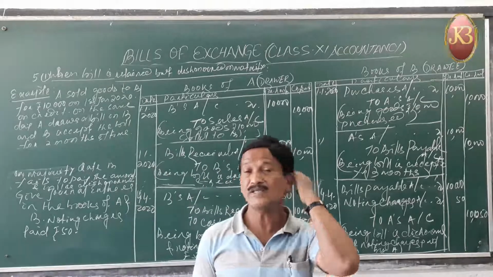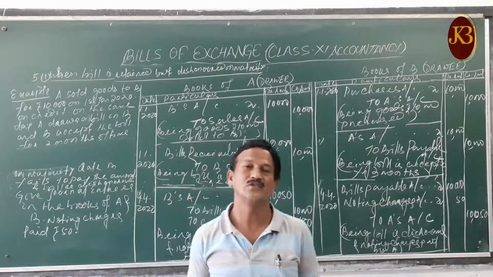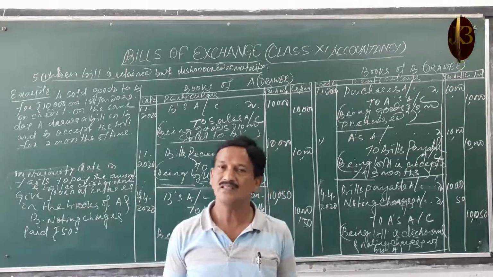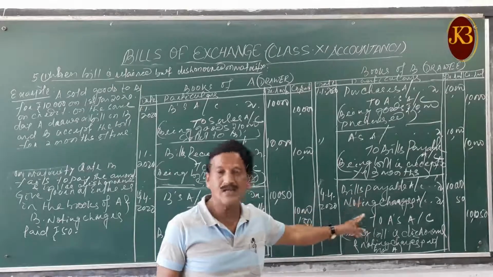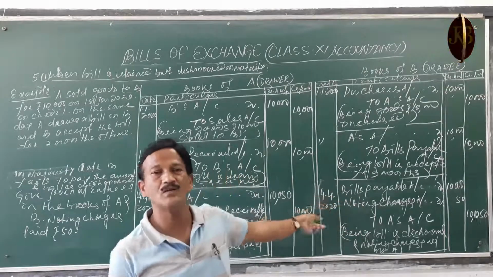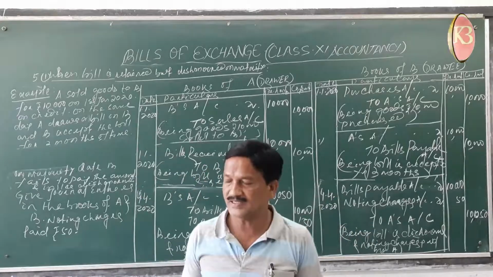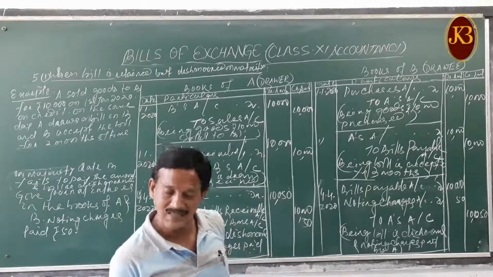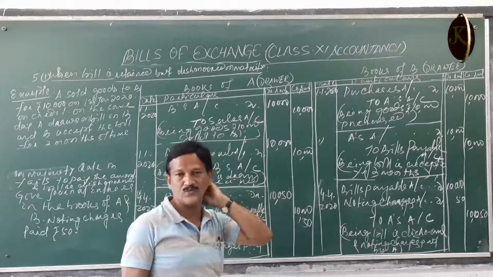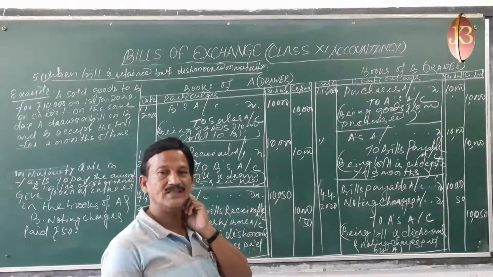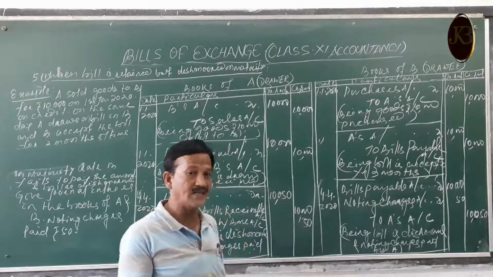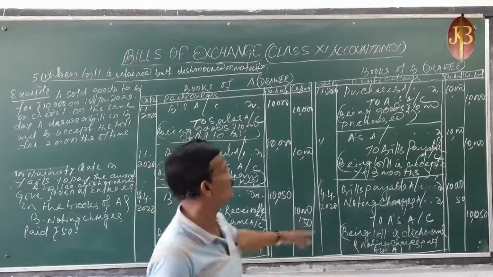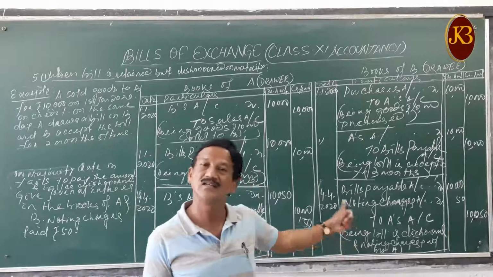The noting charges have to be recovered, along with the bill amount, from the drawee. The drawer pays first, then recovers it with the bill amount from the drawee later on.